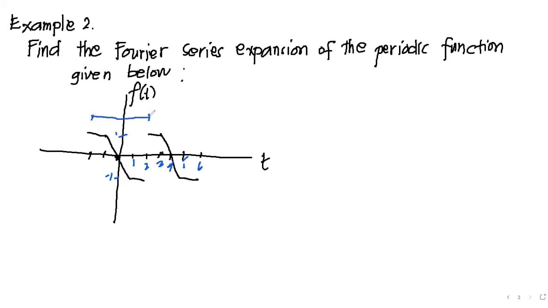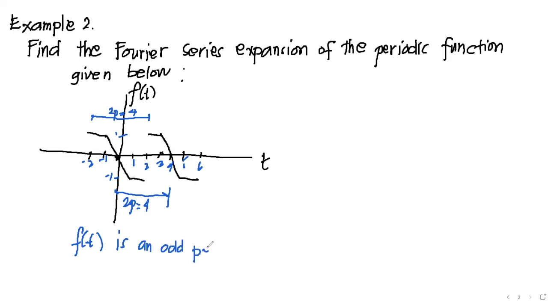And this function passes the origin. Writing 2p as one period of the function, we were able to see that 2p is equal to 4, showing you the negative p to p interval.